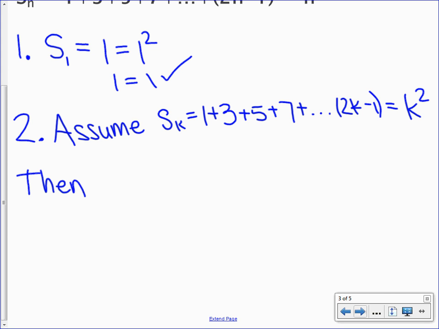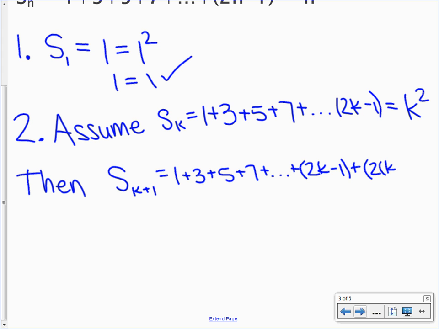If s sub k is 1 plus 3 plus 5 plus 7 all the way up to 2k minus 1, then the sum of our k plus 1 terms would be 1 plus 3 plus 5 plus our k term plus our k plus 1 term.